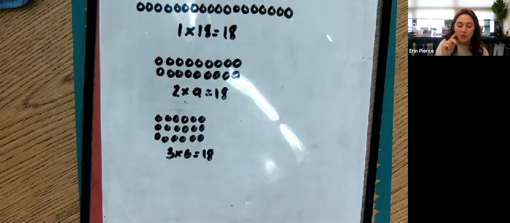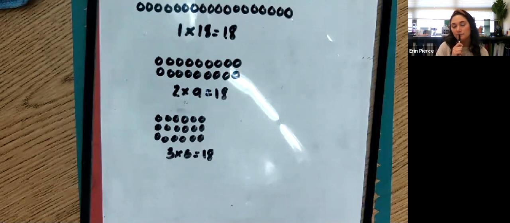Okay, so using our arrays that we drew, our number sentences that we wrote, can we list all of our factors of 18? Doing it in the order I had us do for 8. What number comes first?